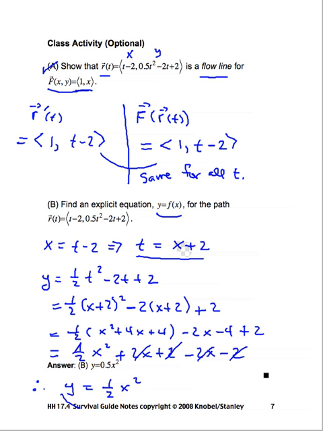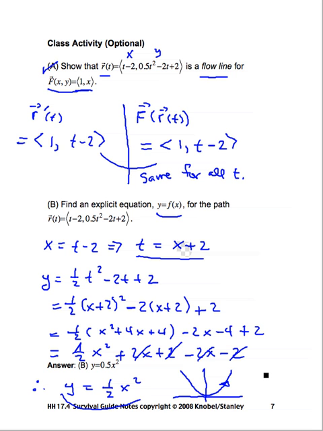So the actual curve, this path that's parameterized by r of t, is just a garden variety little parabola centered at the origin, with vertex at the origin, I mean. Your parameterization will take you in this direction, and that's what your flow line looks like for this vector field.